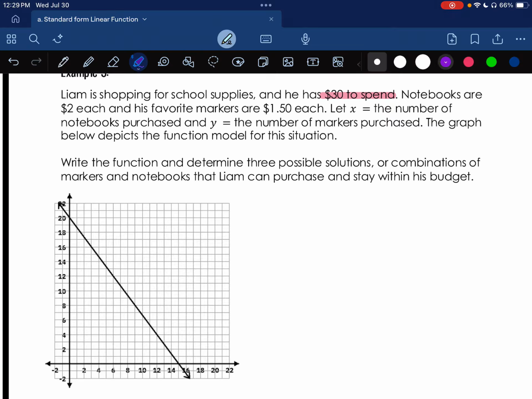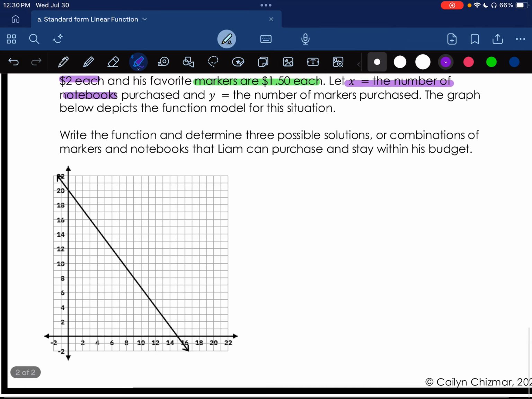We're going to let X be the number of notebooks that he purchased. All right, so I'm going to go ahead and label that really quick on my graph. So I know that the number of, oops, forgot to use my color coding here. This is his number of notebooks down here, the X's.